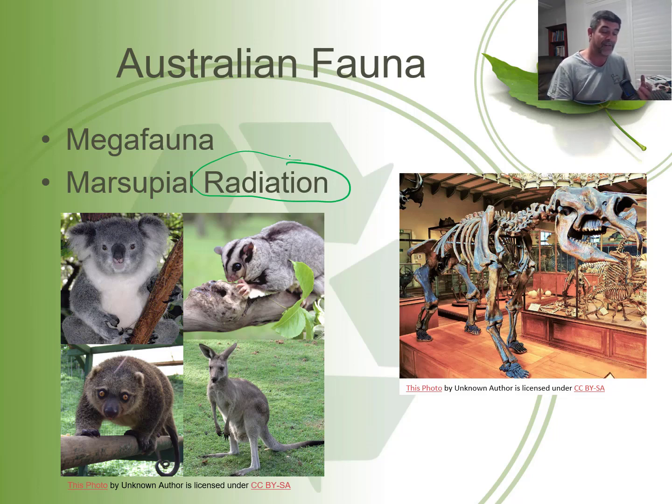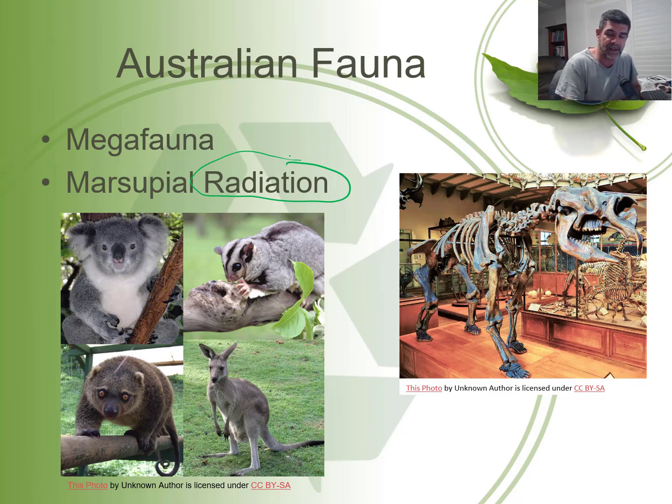It does very little all day, and it eats food that is not particularly nutritious, that doesn't produce a huge amount of energy for it. We've got grazers like the kangaroos. So we've got a huge range of different types of marsupials that have filled different niches within the Australian environment. They've often done that because they haven't had to compete with the eutherian or placental equivalents that have been present on other continents.